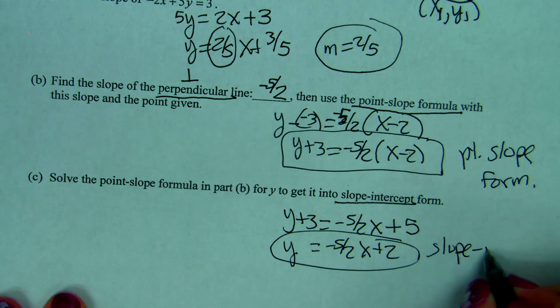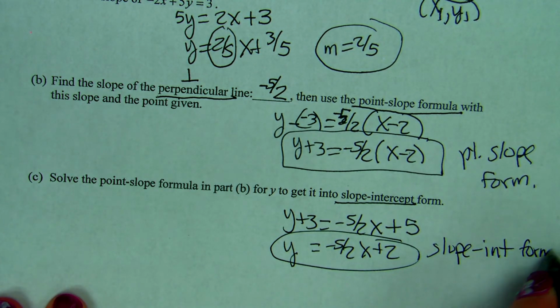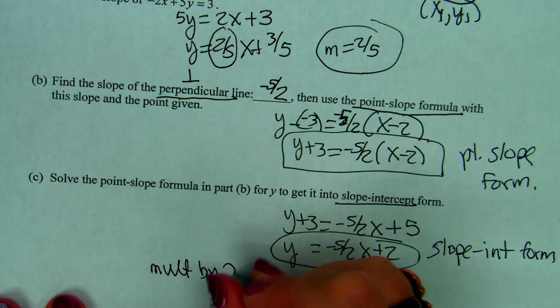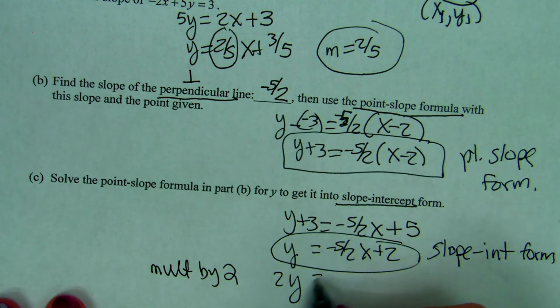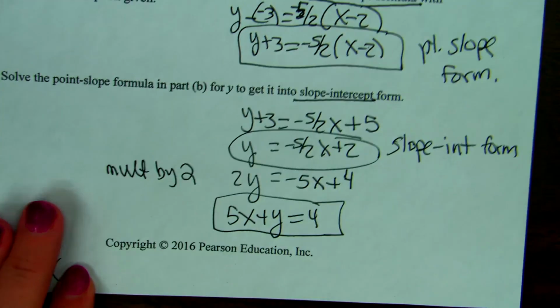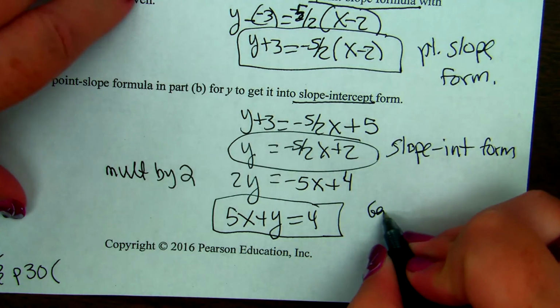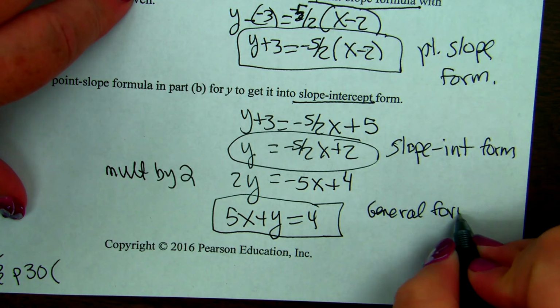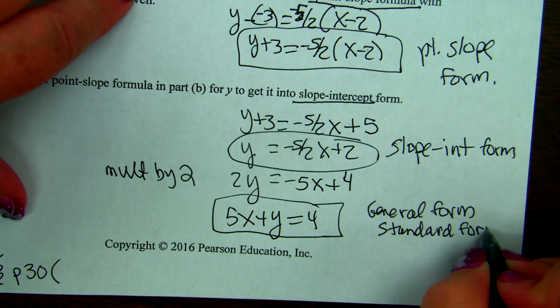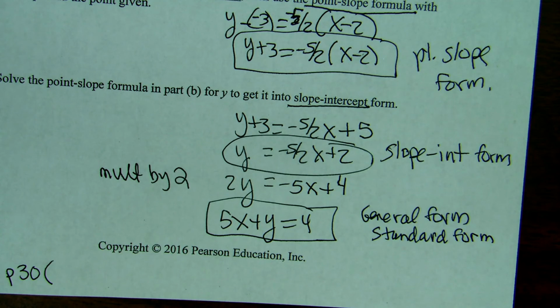Slope-intercept form, y equals mx plus b. And then you can multiply by 2 because there's a 2 in the denominator. And then add 5x to both sides. And what form is that called? General form or standard form. So we have it in all three different forms.